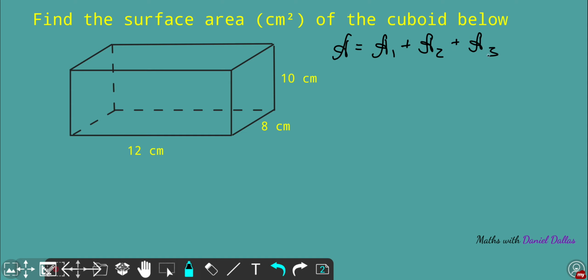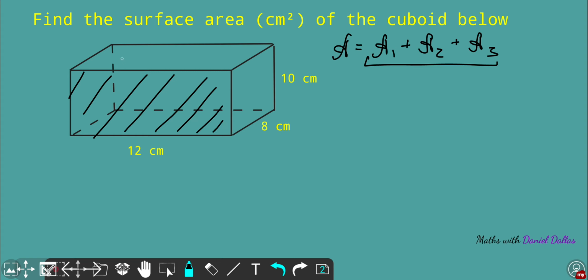This cuboid has 6 faces, but we can consider only the unique faces first, because each face will have a pair on the other side, the face opposite to your original one.